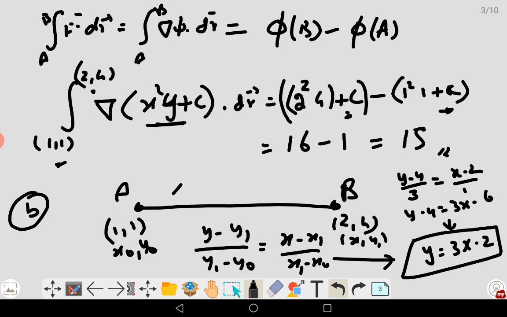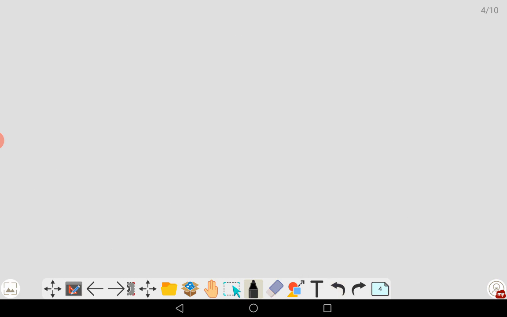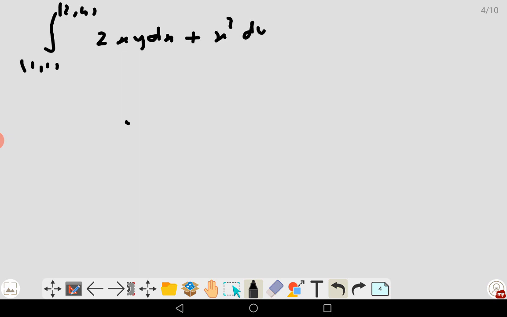We got this equation. Now let's substitute this y in the integral. The integration given to us is from (1, 1) to (2, 4) of xy dx plus x square dy, along the line y equals 3x minus 2.